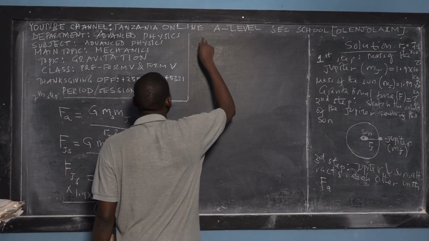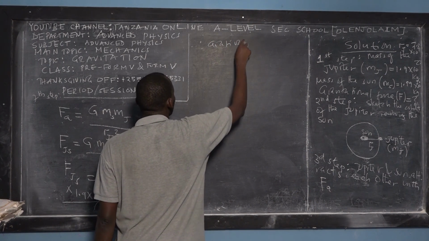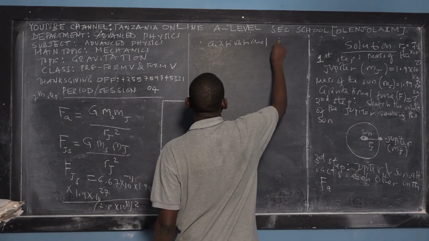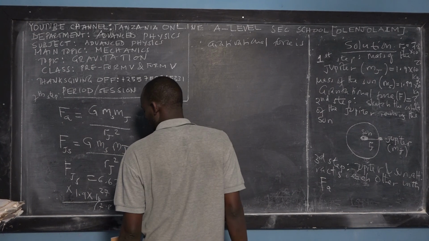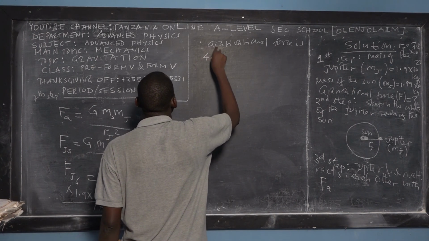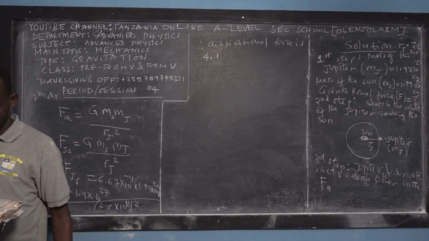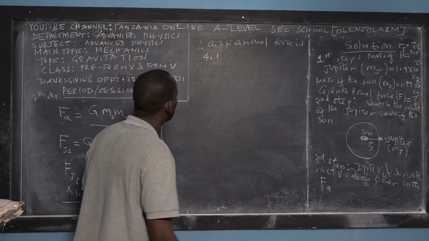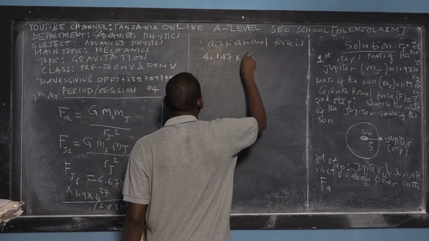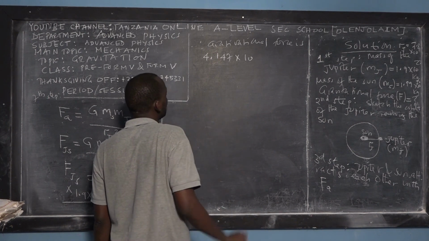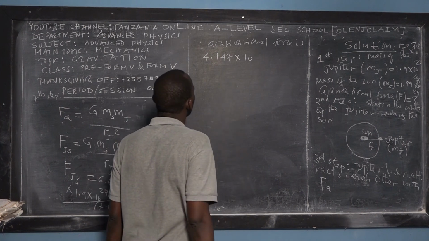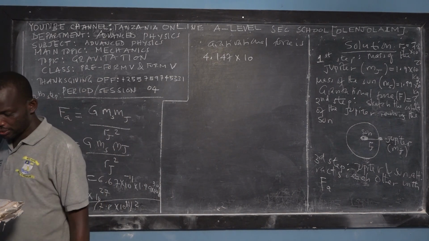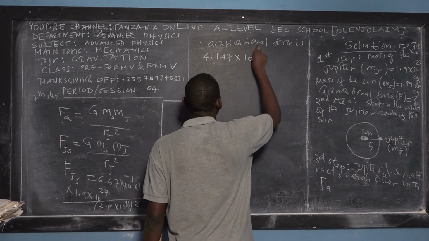The gravitational force is 4.147 × 10^23 newtons. A very huge force.